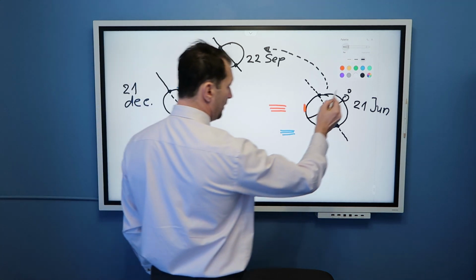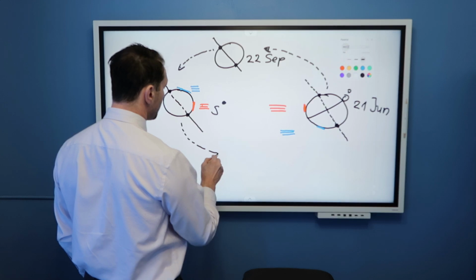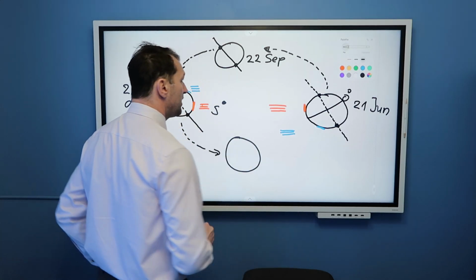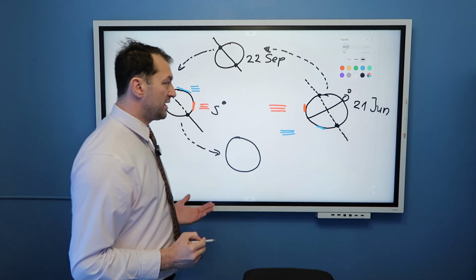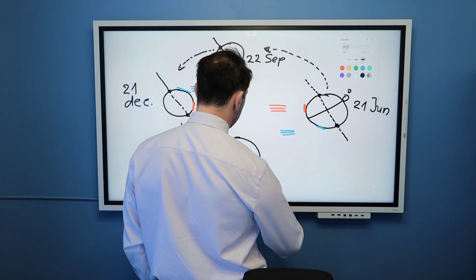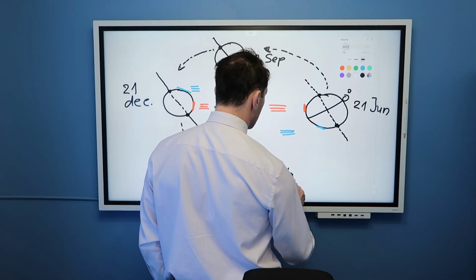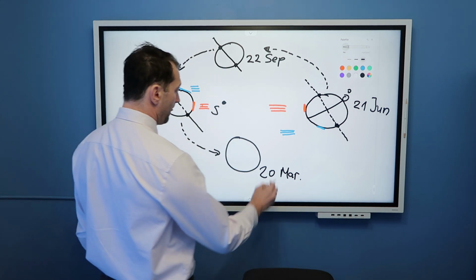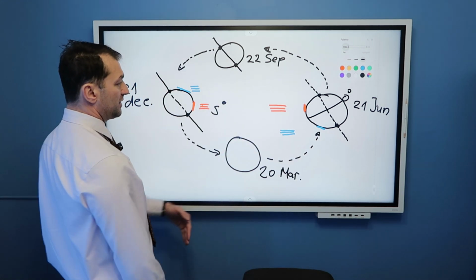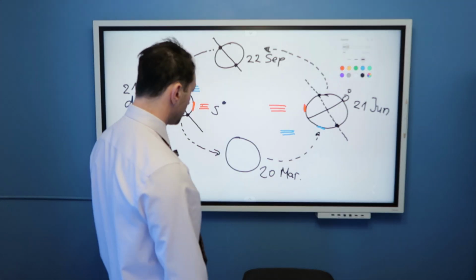And then the Earth continues revolving around the sun in the counterclockwise direction, and it finds itself here, and we have the first day of spring, beautiful spring season, which starts on 20 March, and the Earth then continues revolving, reaching the summer season. 20 March is known as vernal equinox.